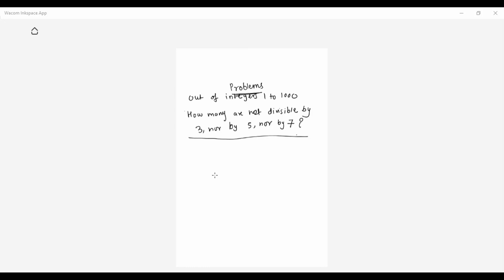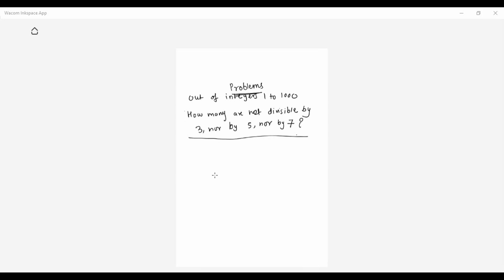After getting all those cardinalities, we simply put the values into the equation of the principle of inclusion and exclusion. Cardinality of A union B union C is equal to cardinality of A plus cardinality of B plus cardinality of C minus cardinality of A intersection B minus cardinality of A intersection C minus cardinality of B intersection C plus cardinality of A intersection B intersection C. I hope everyone has written whatever I am revising.